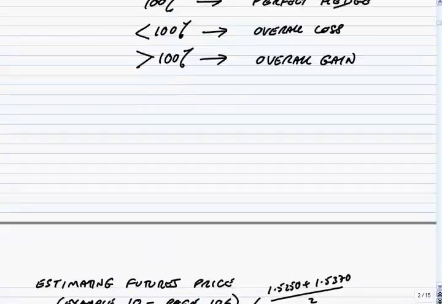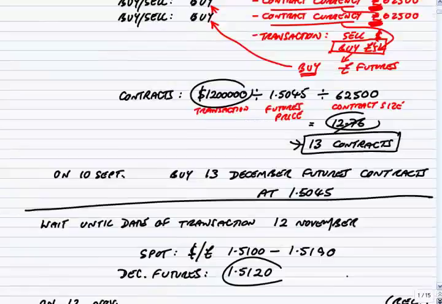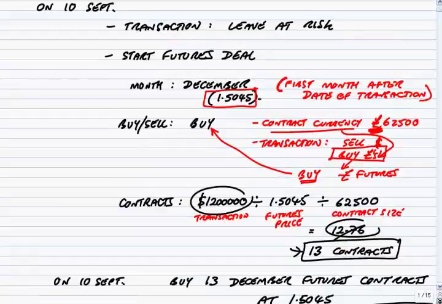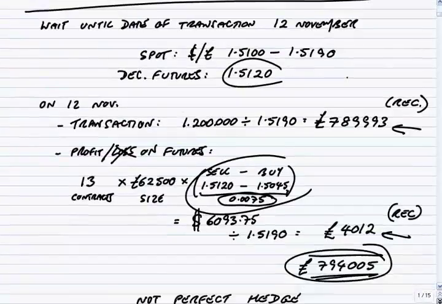However, there we are. And very likely you'll have the two things together. What I mean is, in the main example we did, we set up the futures deal. On some occasions, that's all that's been required. That's been marked all on its own. We then saw what happened on the date of the transaction, and we were given spot and we were given a futures price. And in the exam, if you're given spot and the futures price, you obviously use them.